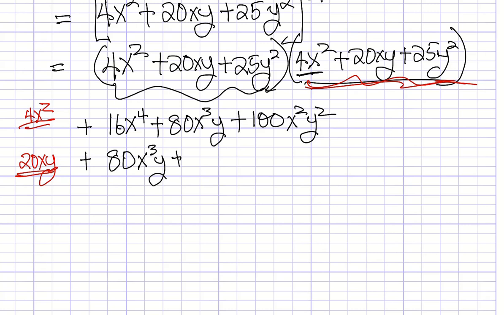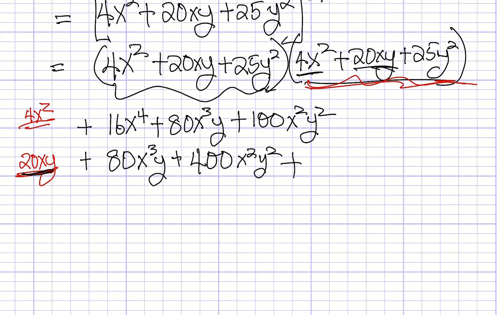You see that, right? Okay, 20 times 20, what do you get? You get 400. Alright. We're multiplying that with that. What do we get? We get 400x squared y squared. You see that, right?